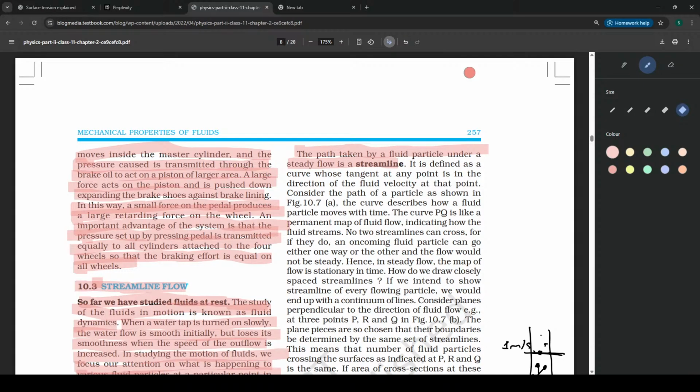It is defined as a curve whose tangent at any point is the direction of the fluid velocity at that point. Okay, let's take a 2-minute break.